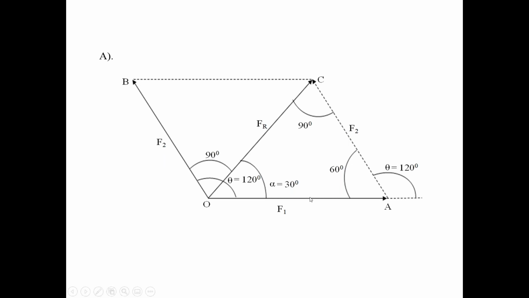OA divided by sine 90 is equal to AC divided by sine 30 is equal to OC divided by sine 60. But OA is equal to F1, AC is equal to F2, OC is equal to FR. So from the sine rule, you will get the equation F1 by sine 90 is equal to F2 by sine 30 is equal to FR by sine 60.